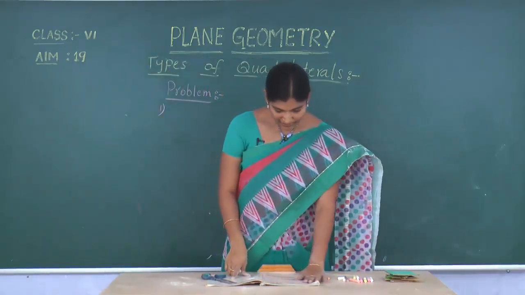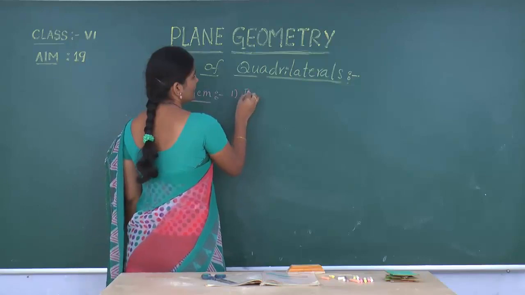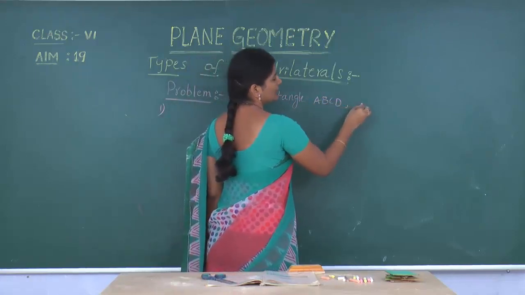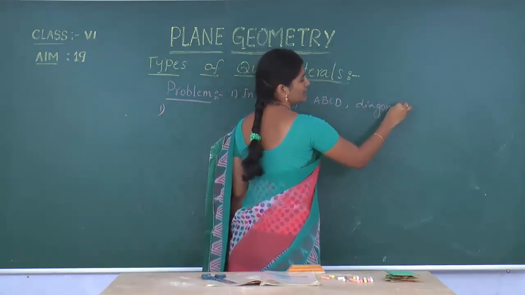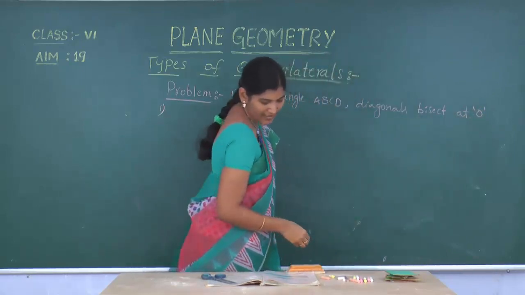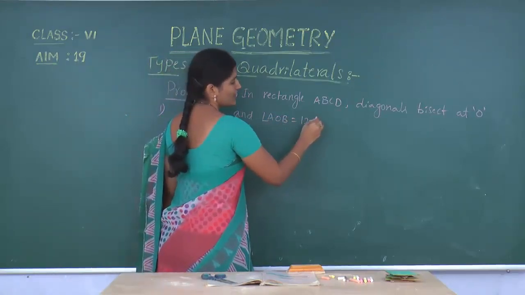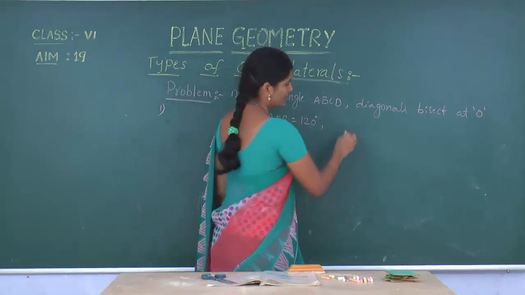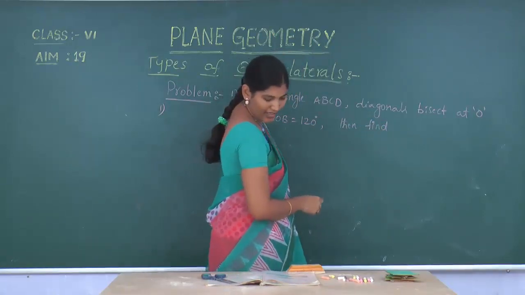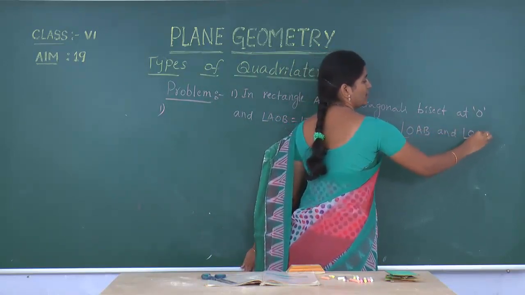I am taking one problem: in rectangle ABCD, diagonals bisect at O, and they are given angle AOB is equal to 120 degrees. Then find angle OAB and angle OAD.